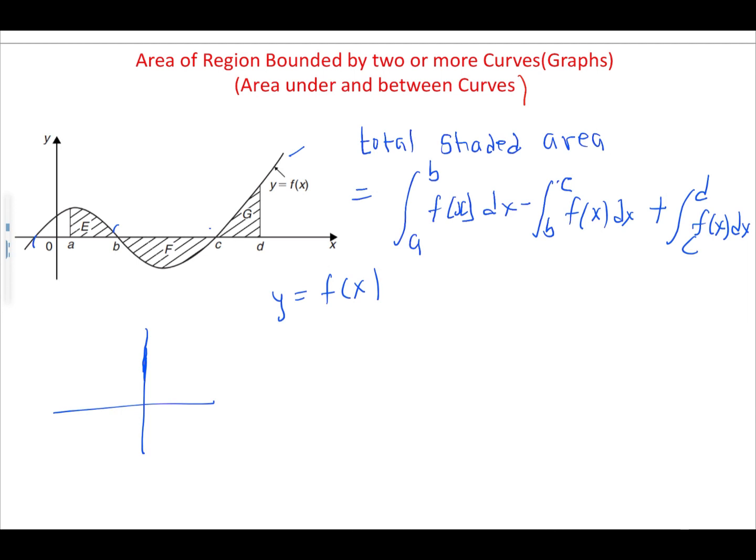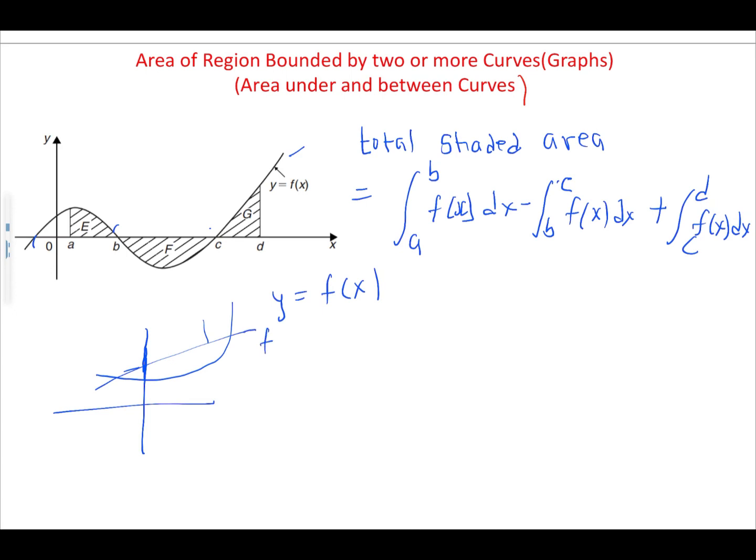After plotting them, you can see that, for example, function 1 will pass here and function 2 will pass maybe here. In this case, we consider the upper one as positive and the lower one as negative. So let's take note of it: always we consider the upper one as positive and the lower one as negative.